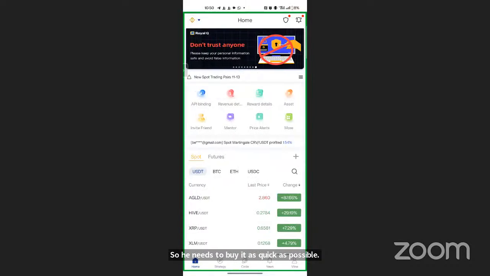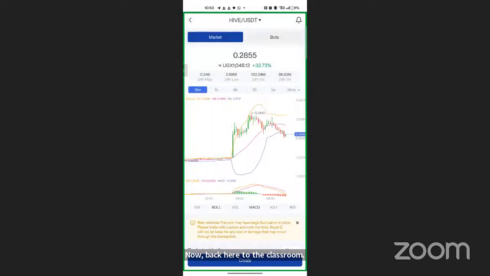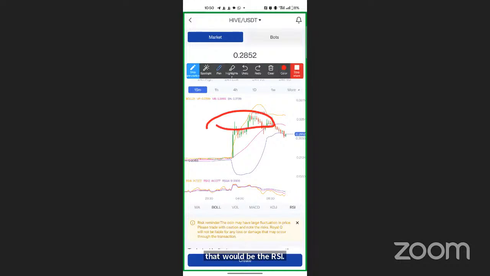Now, back here to the classroom. Look at Hive. Start with the RSI. You see, this coin is in 15 minutes. I want to show you how I quickly make money. It is in 15 minutes.